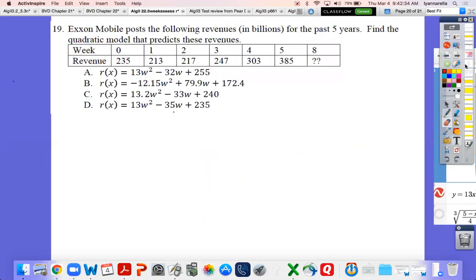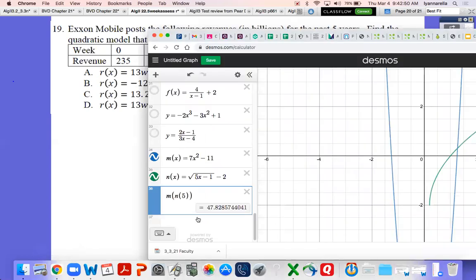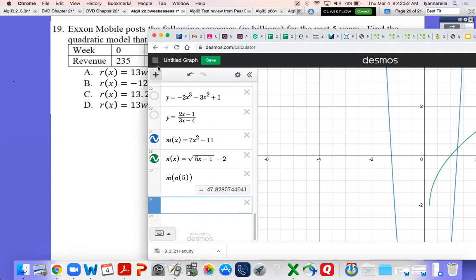Okay, so this is the one I need you guys to understand. This is not hard, but have you ever built a table of values? Good. So you guys know where it is. So in Desmos, when you open up a brand new tab, there is a plus symbol up above.